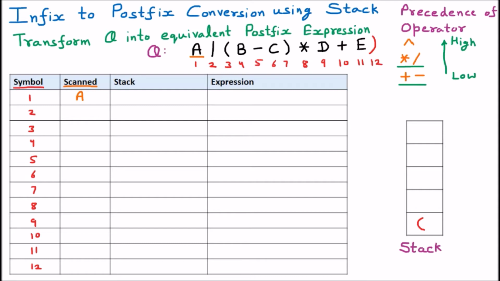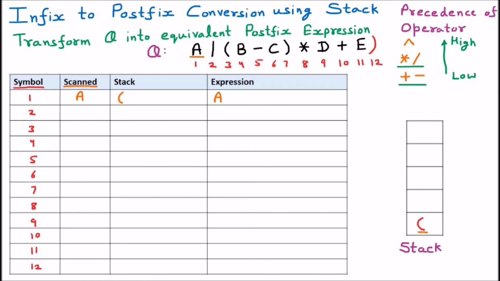Right now in the stack we have the starting bracket. But when we scan A, A will not go to the stack. A will go to the expression, because only brackets and operators go to the stack.